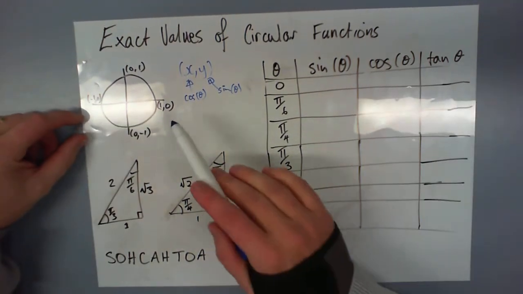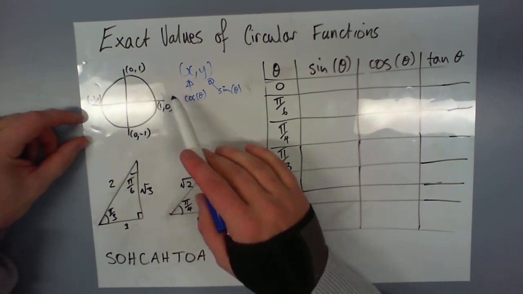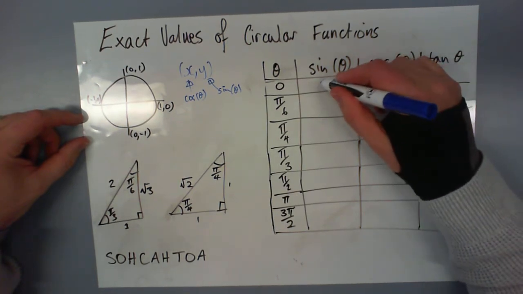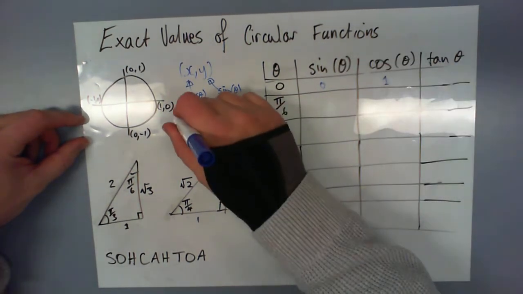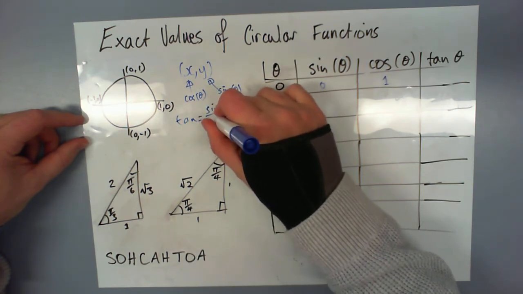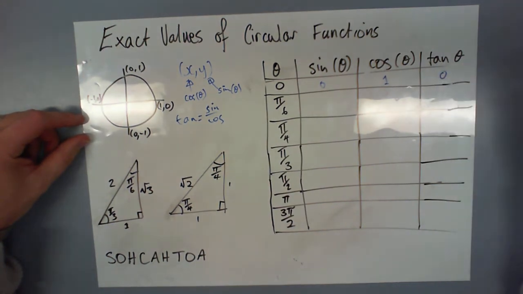Namely, at our angle of 0 radians, we see that cos is equal to 1, sine is equal to 0, and remember, tan is equal to sine over cos. So we get 0 divided by 1, which is 0 for tan.